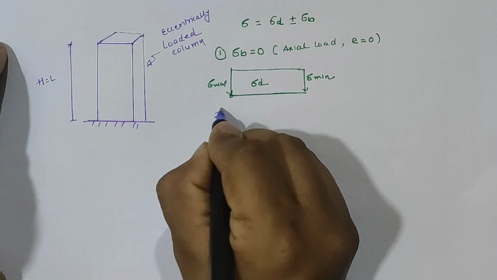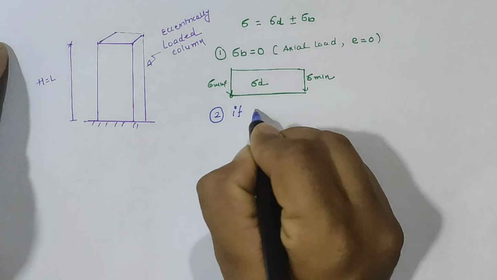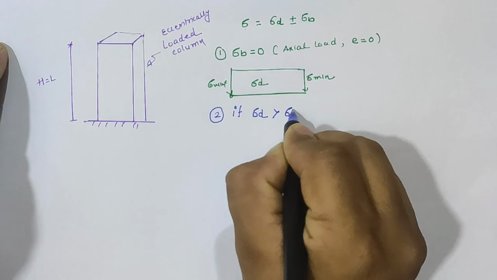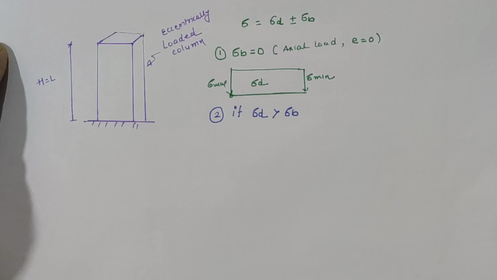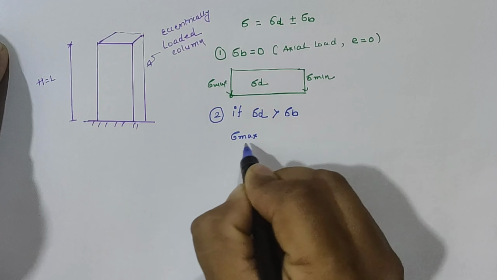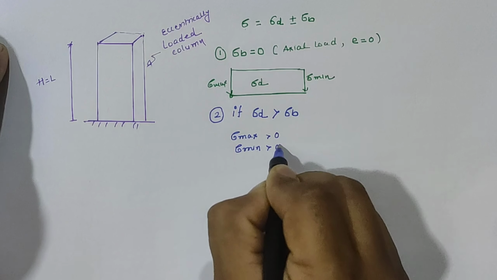Now going ahead to the second condition, if sigma D is greater than sigma B, it means that the maximum value as well as the minimum value are both greater than 0.